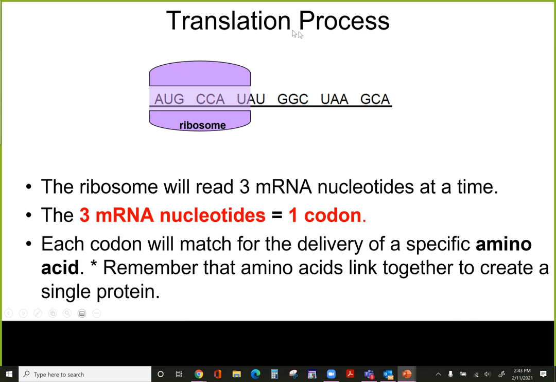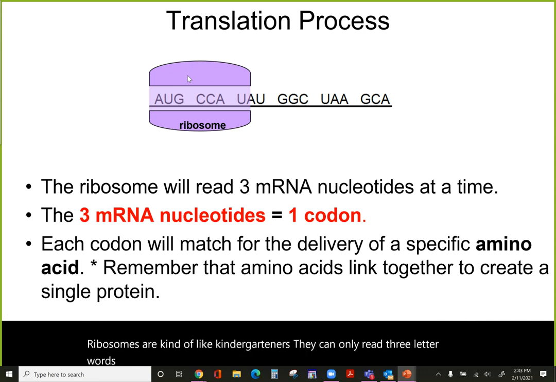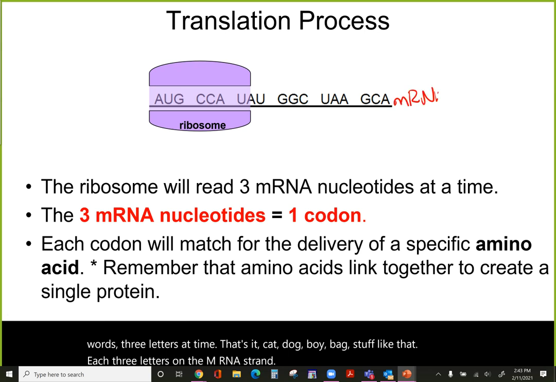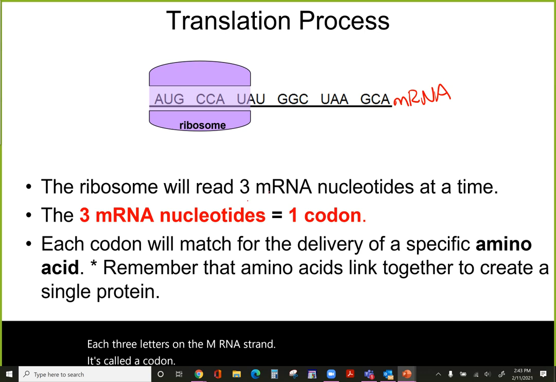Now, we're going to go through this entire process in detail, but just as a quick overview, ribosomes are kind of like kindergartners. They can only read 3-letter words, 3 letters at a time, that's it. Cat, dog, boy, bag, stuff like that. Each 3 letters on the mRNA strand is called a codon. So here we have 1, 2, 3, 4, 5, 6 codons.